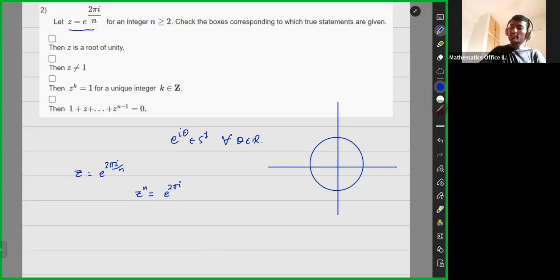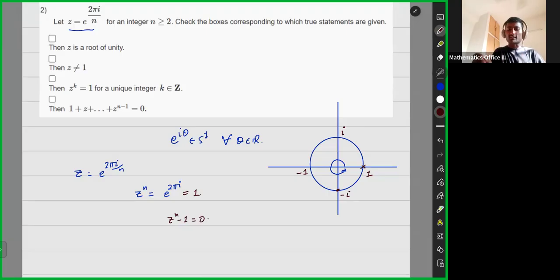This is e power 2 pi i, and we need to get the 2 pi angle. So what does this become? This becomes 1, because here it is 1, this is i, this is minus 1. So e power 2 pi i becomes 1. So from here it is clear that Z power n minus 1 is equal to 0.